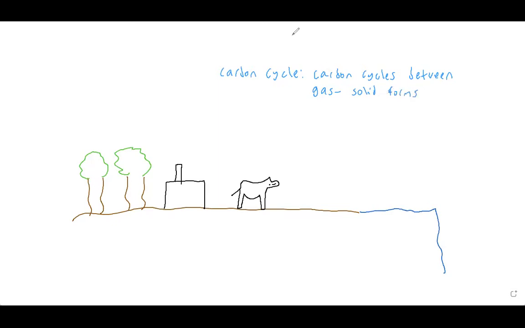Now we have a term when we talk about these cycles, it's called a source. And carbon sources are all the things that add CO2 to the atmosphere.